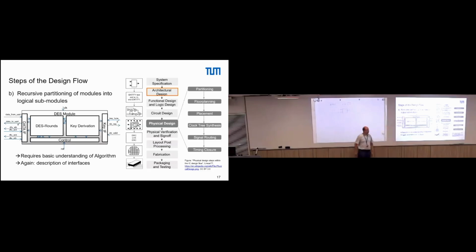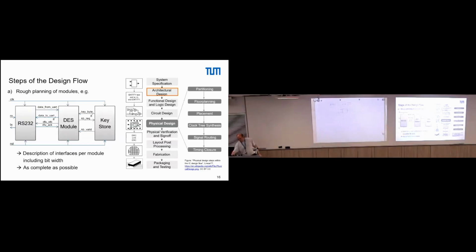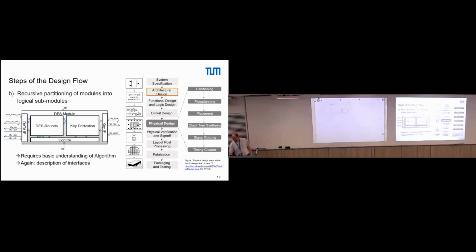If we go back, you see we have something like clock input, reset input, data input, data output, some handshake signals. And these things are, of course, also there on a smaller block level.